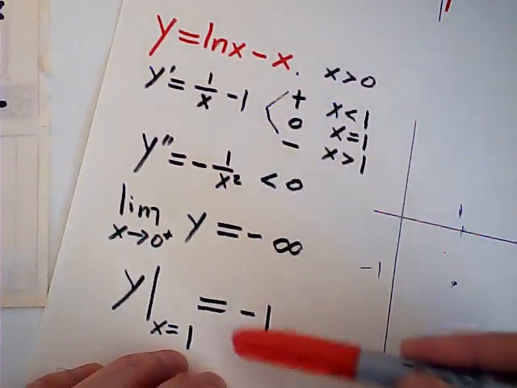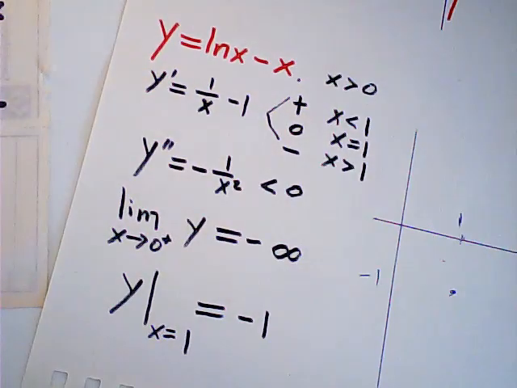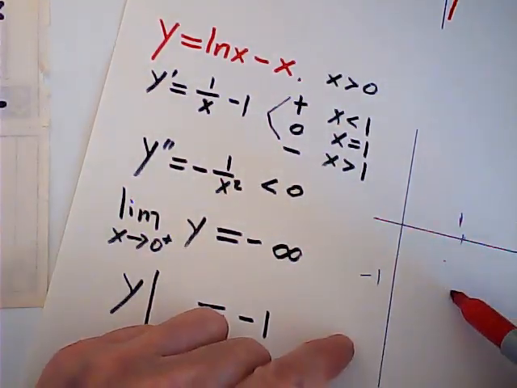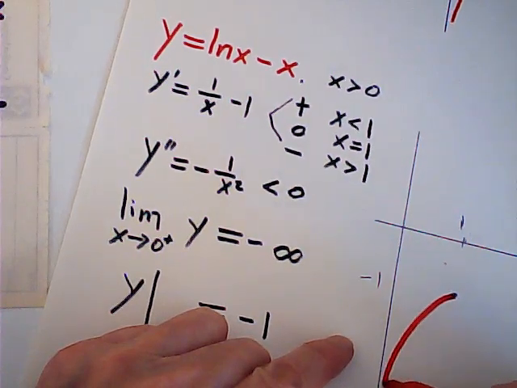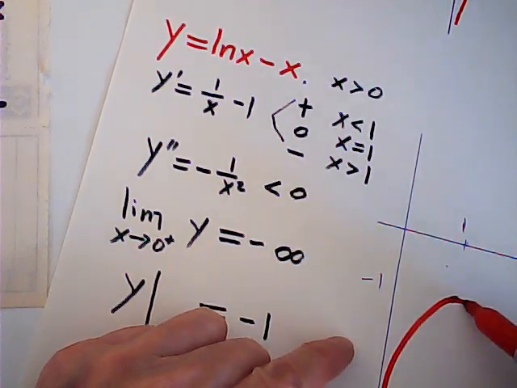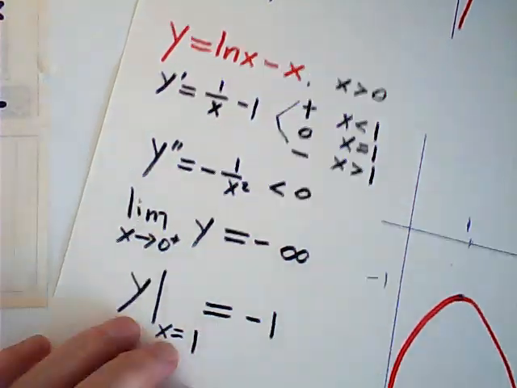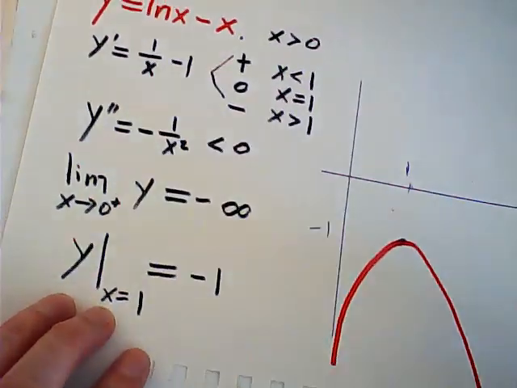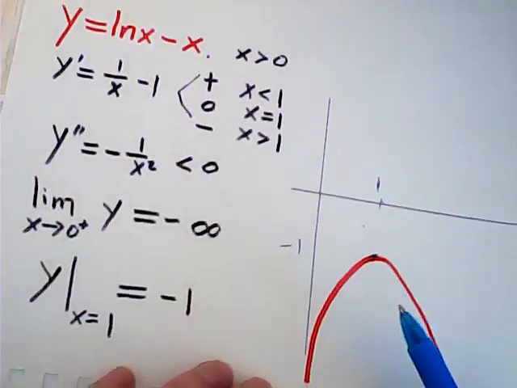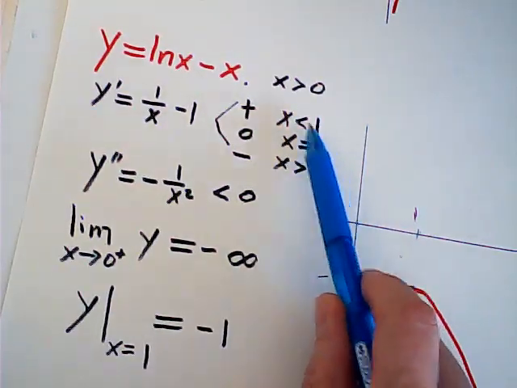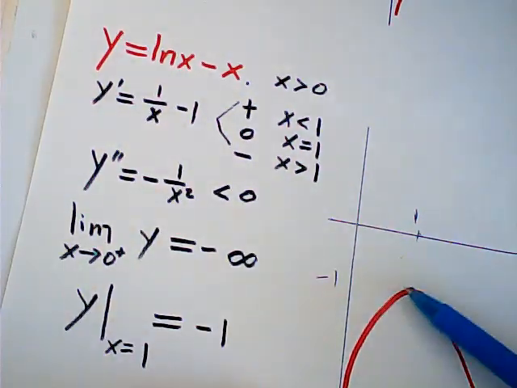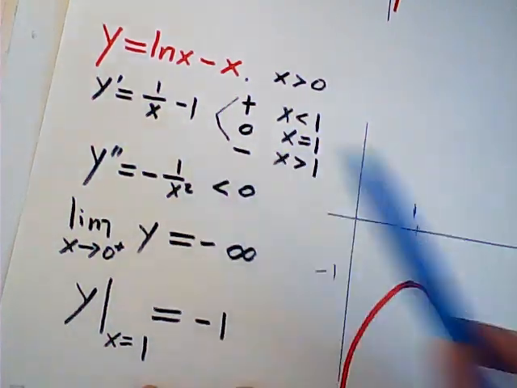So combining this information, we can see the curve looks like this. You can quickly review that. The function is increasing before 1. After 1 it is decreasing.